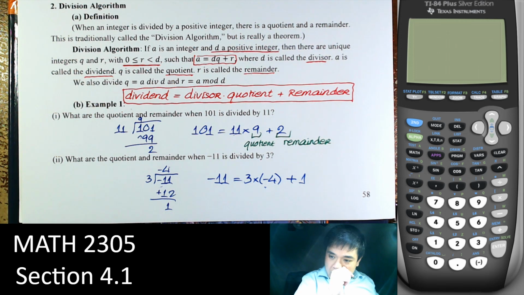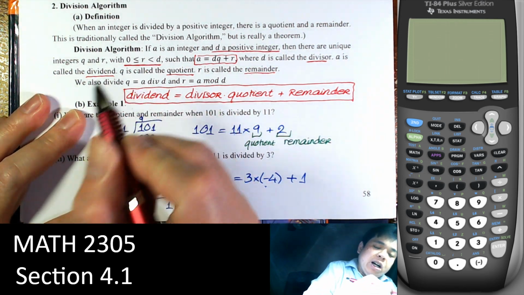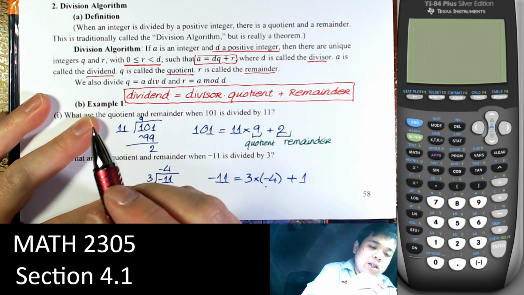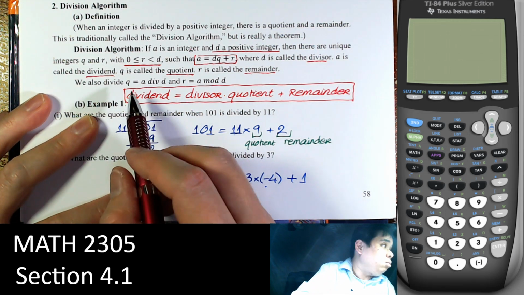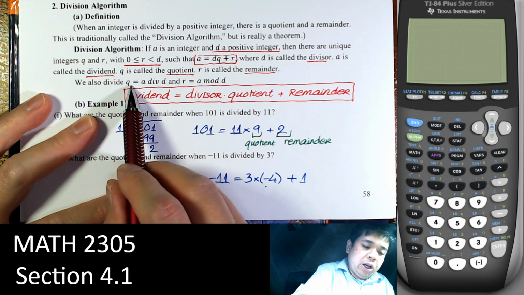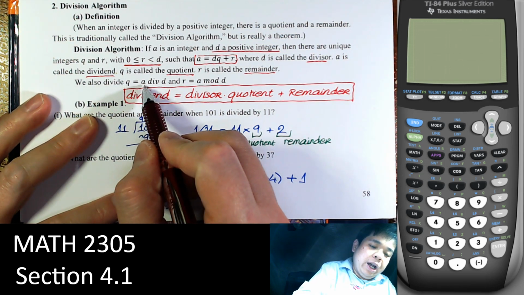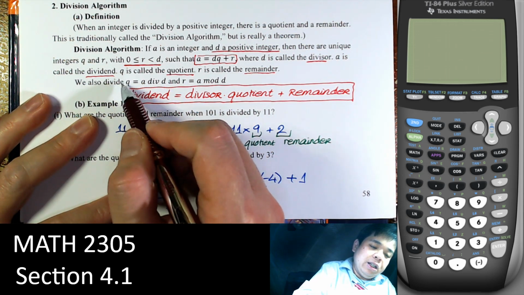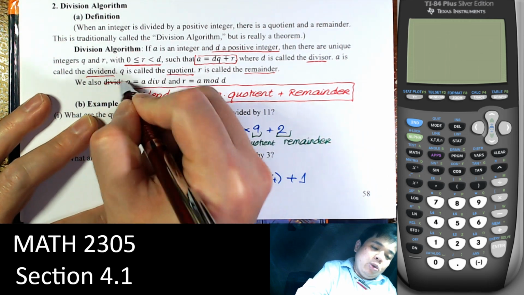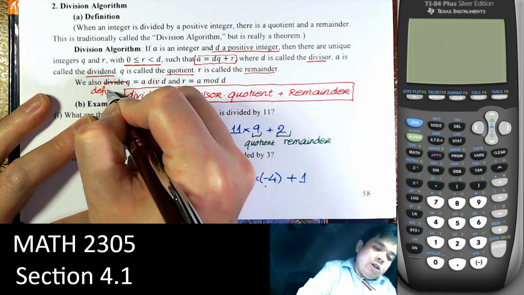One thing I forgot to write here. We also define q equal to a div d and r equal to a mod d.